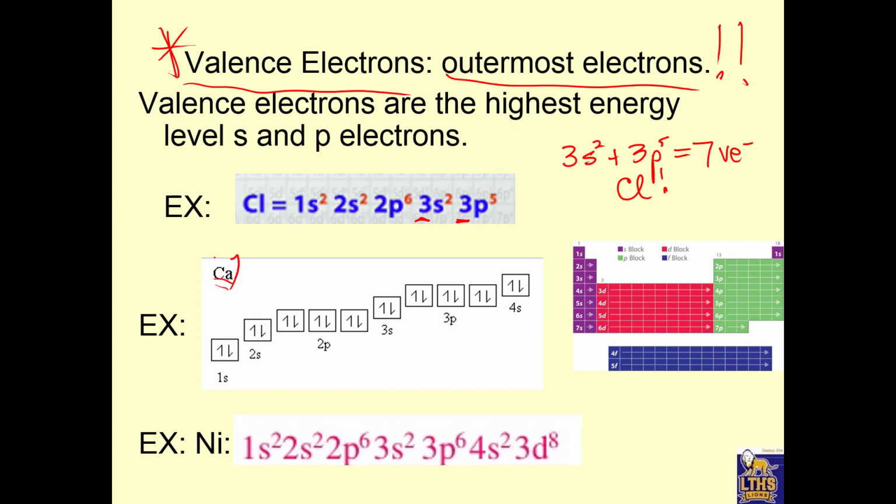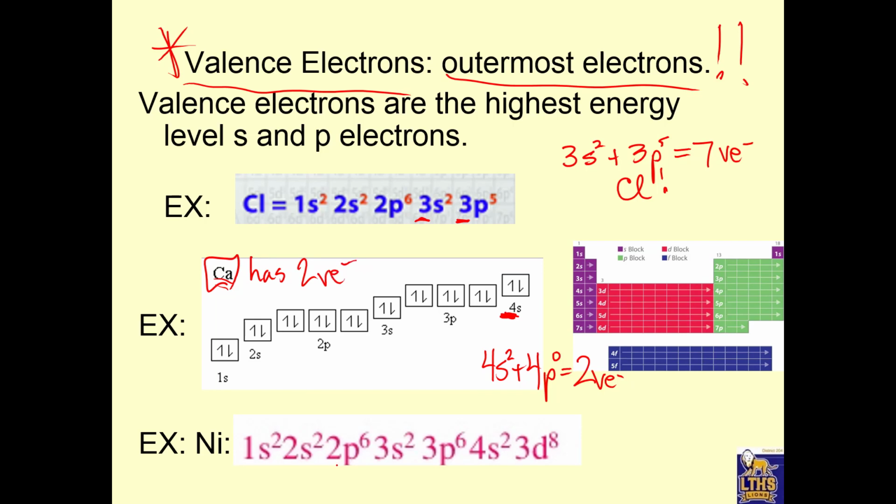Calcium. How do I find valence electrons? I find the highest energy level, 1, 2, 3, 4. 4 is the highest energy level represented with calcium. So then I find 4s plus 4p, and there's only 2 there, 0 there. 2 valence electrons for calcium. Okay, let's try nickel.